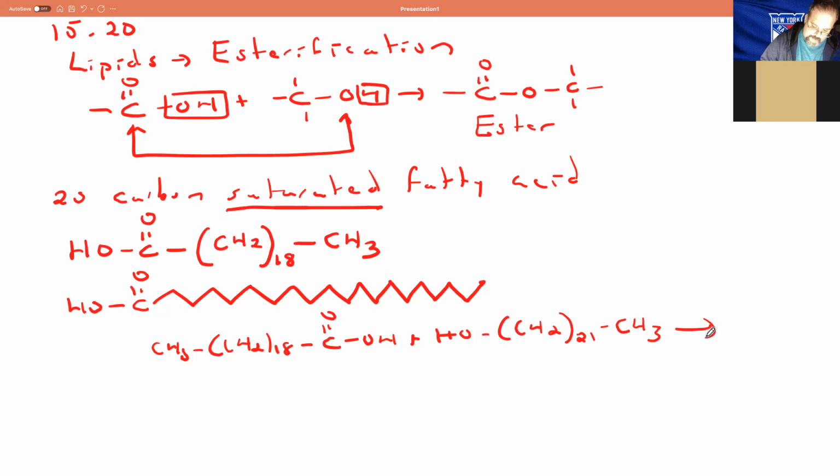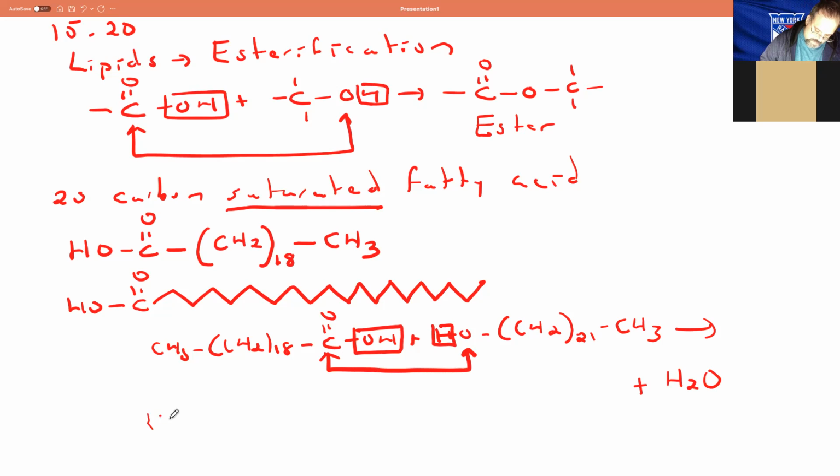So how do we draw the product? From the carboxylic acid, or the fatty acid in this case, you take off the OH. From the hydrogen of the alcohol, you take off the H. So the byproduct of the reaction is going to be water. Then you form a bond from the C double bond O carbon of the fatty acid to the alcohol oxygen.